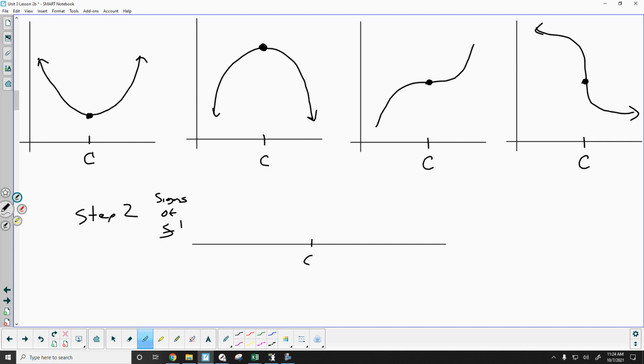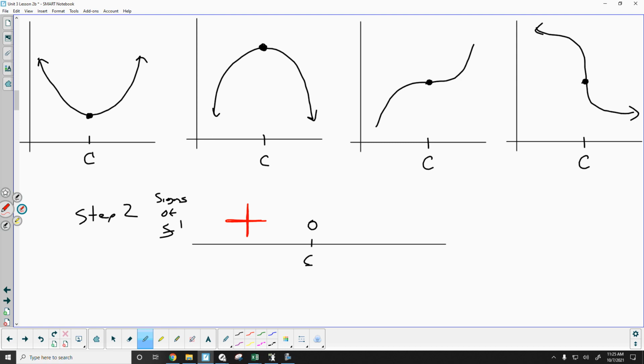And I'm going to tell you how to do this. Now you know that the derivative at c is 0. So you know your function has flattened out at this x equals c. But you will be able to find the signs of f prime. And let's say you found that the signs of f prime were positive to the left of c.